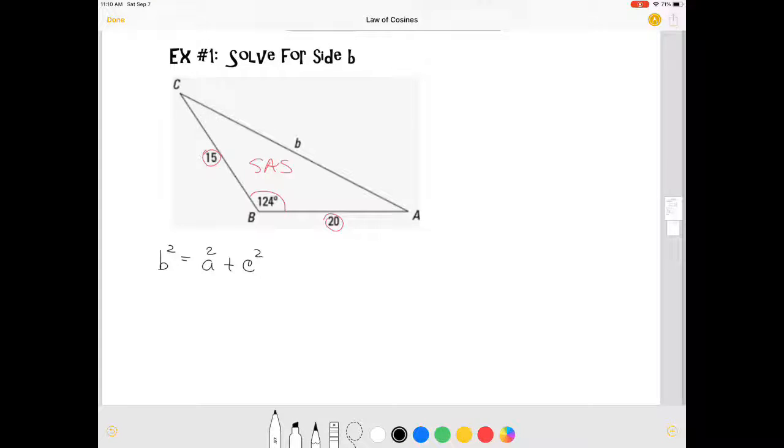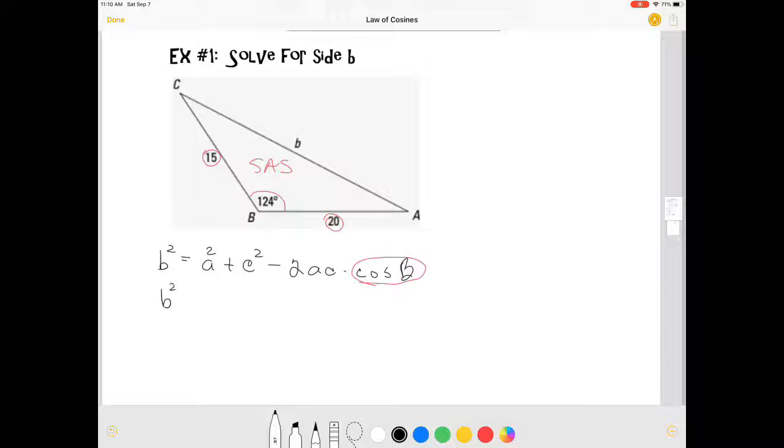Why is that? Why don't I use the first one or the third one? Well, it's all about this last term here. That's the only term in those formulas that has angle B. So I have to use that. The others have angle A or angle C, which we don't know. So you have no choice but to use this one here.